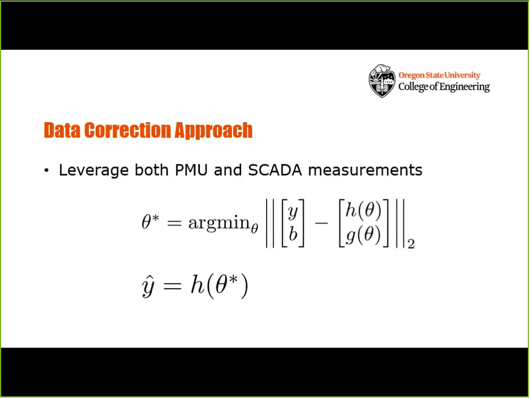We first find the optimal theta that minimizes the L2 norm of the difference between the measurement vector and the measurement functions. For this, we are using the nonlinear least squares method. Once that optimal point is found, we can recover the PMU vector by finding the projection value onto the solution space of PMU measurements, which is h(theta star). So here the solution space is the combined space of theta and y, which satisfies this equation.